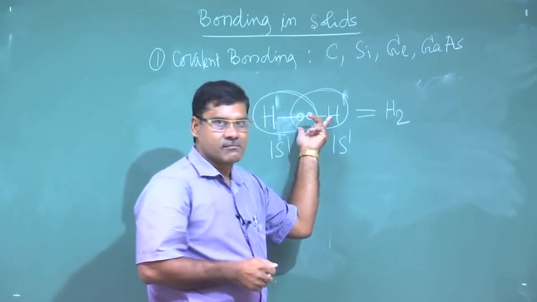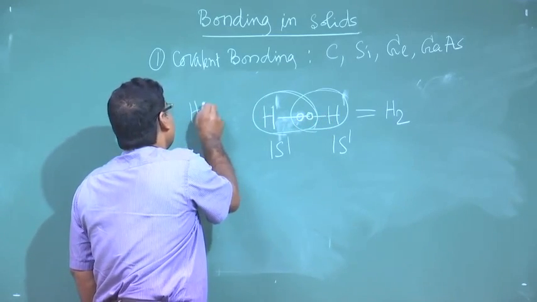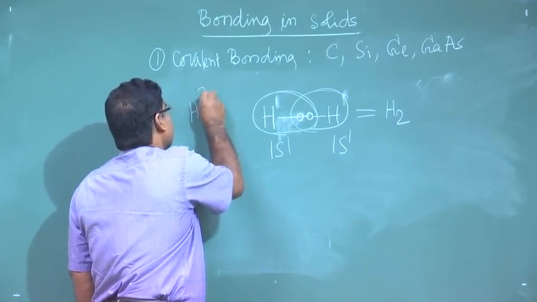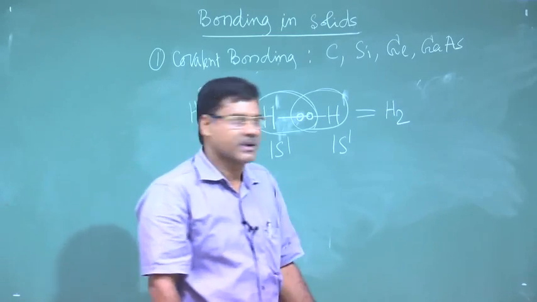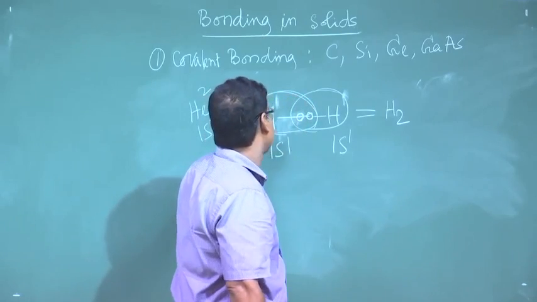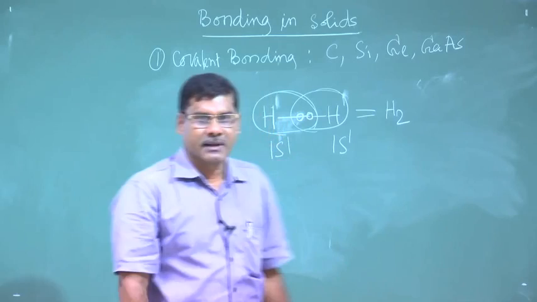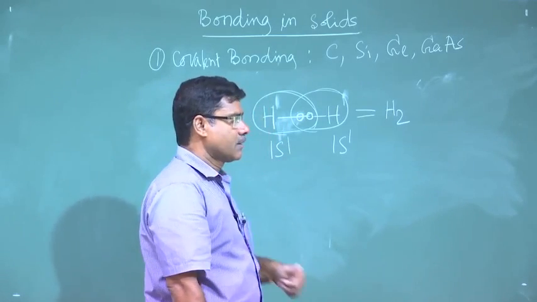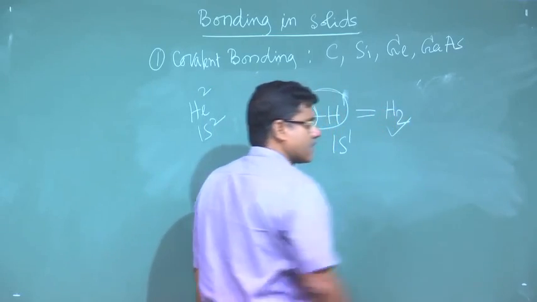Thus they are filling the stable configuration, the helium configuration, He, 1s2, the inert gas stable configuration. So, they feel more stable than the individual hydrogen atoms, and thus they prefer to form H2.